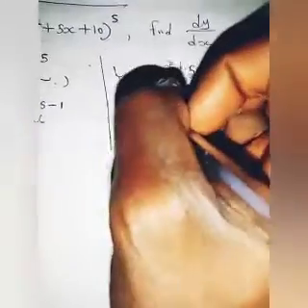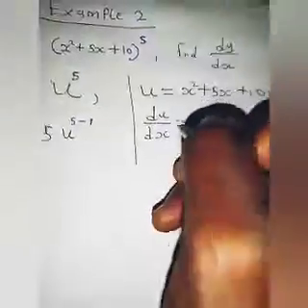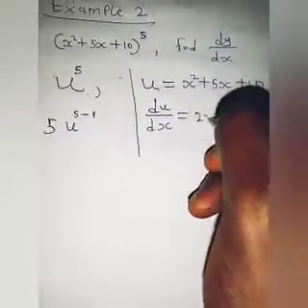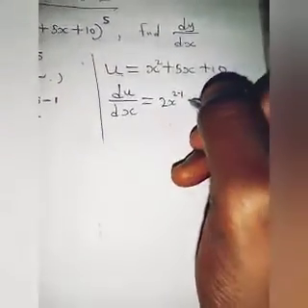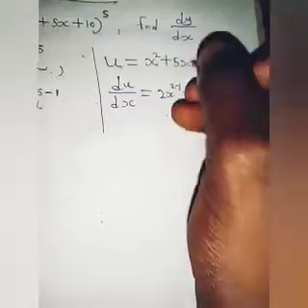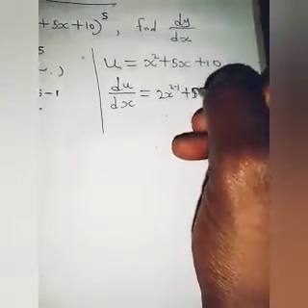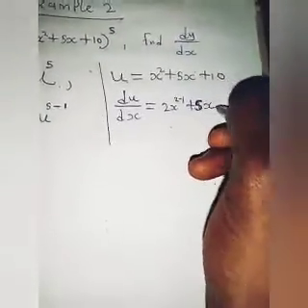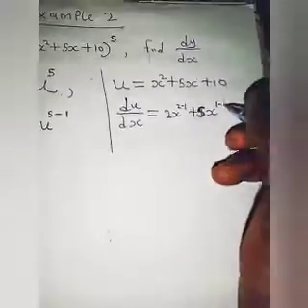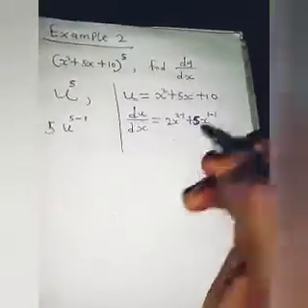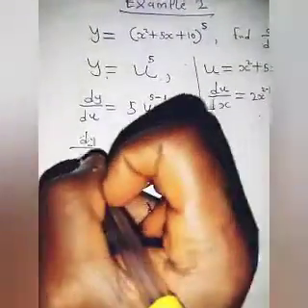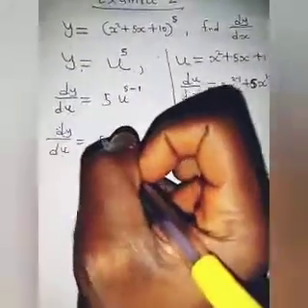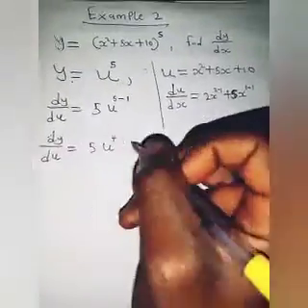Then here, when we differentiate with respect to x, we'll be having 2x, we subtract 1 from the power. This one we multiply, that's plus 1, we multiply 5, we have 5. Then we have x to the power 1 minus 1, constant, that's 0. So from here, we can say our dy over du we equal to 5u having power of 4.